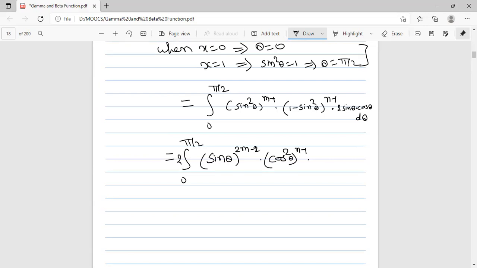I will take 2 out, sine theta into cos theta.